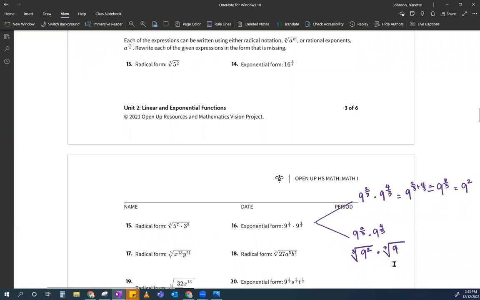Well, according to this, as long as I have the same radical, then I can multiply the two numbers underneath. And when I multiply them, I keep the cube root, I keep the base as 9, and then I add 2 plus 4, which is just 6. So the cube root of 9 to the 6th.